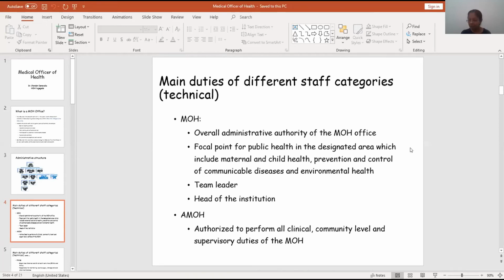He or she is a team leader because in the MOH we have to work as a team, and the MOH is the head of the institution. MOHs are authorized to perform all clinical, community level and supervisory duties of the MOH office.